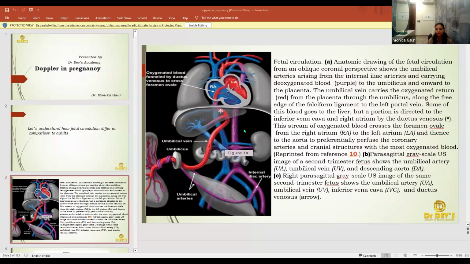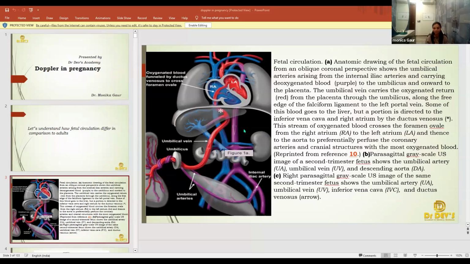We have two kinds of shunts present in the fetus. And these shunts are called right to left shunts. Since we do not have lungs working in the fetus, the process of oxygenation takes place in the placenta. We already have our oxygenated blood in hand in the right atrium.